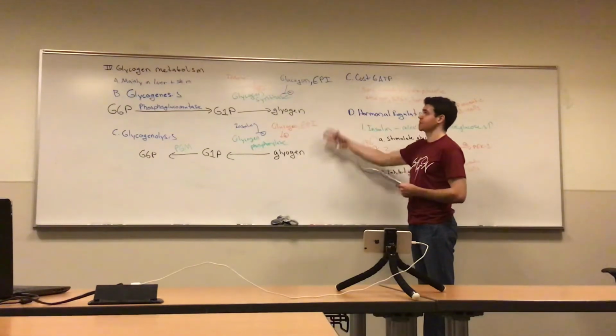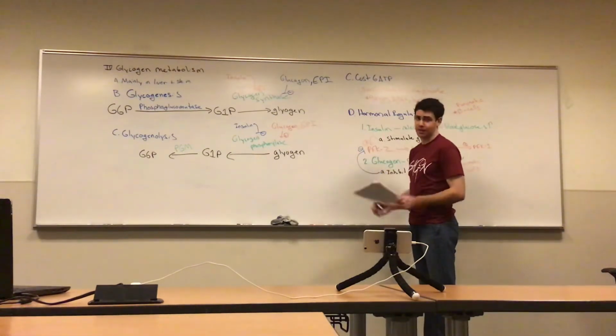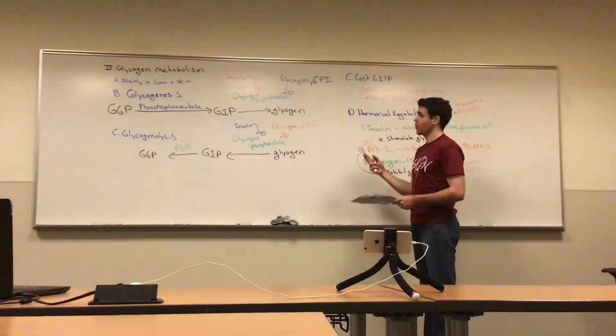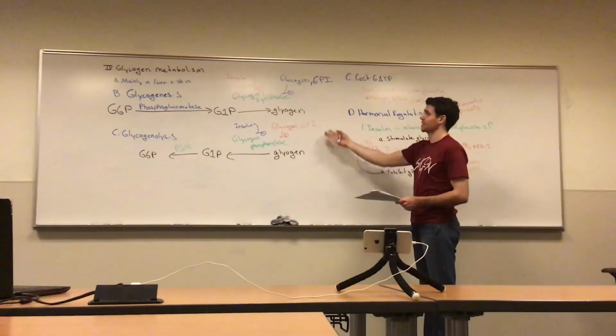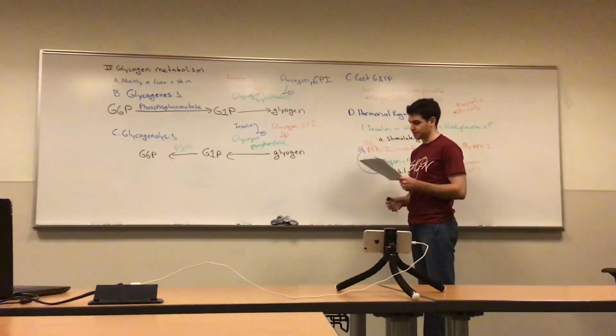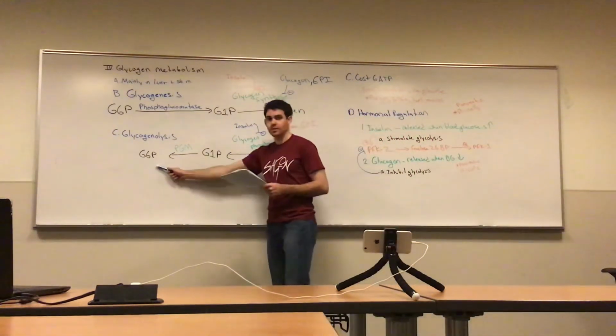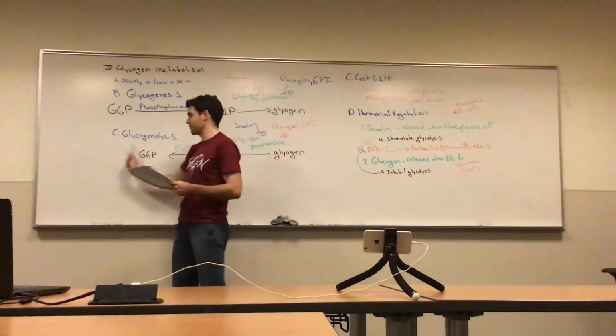So again we have reciprocal regulation. These pathways are both happening at the same time. It's not like one or the other. They both can be happening at the same time, and it depends on the hormonal environment as to which one is favored. And remember, when glycogen gets broken down, only in the liver can the glucose 6-phosphate that we make be released into the blood.